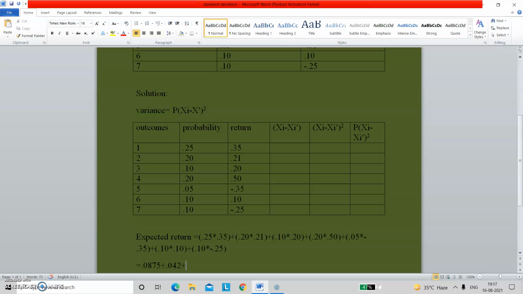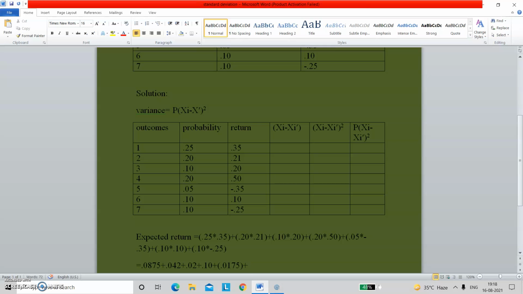Then 0.10 into 0.20 is 0.02. Then 0.2 into 0.5 is 0.10. Then 0.05 into 0.35, this is minus, so we put the bracket over here, 0.0175.